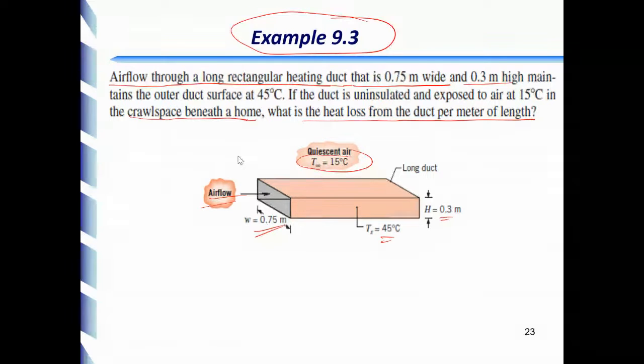But if you consider the duct, how many surfaces are there? There are two surfaces on the vertical, this one and the other one. One surface on top, another surface at the bottom.